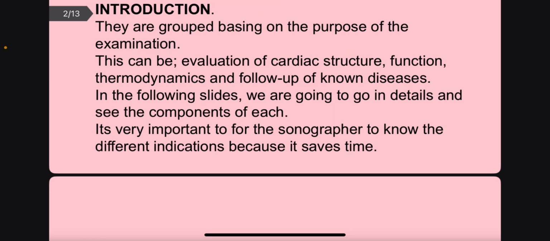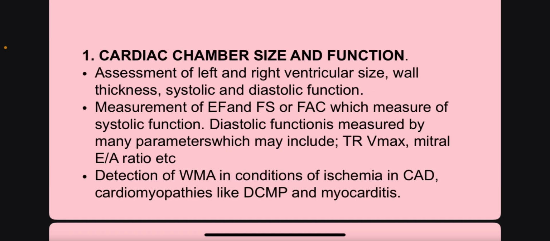For systolic, you measure EF, FS, and fractional area change. That is ejection fraction, fractional shortening, and fractional area change for systolic function. For diastolic function, we measure E/A ratio, E/e' ratio, TR, and pulmonary venous Doppler, etc.